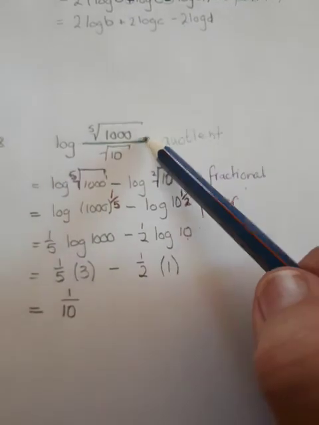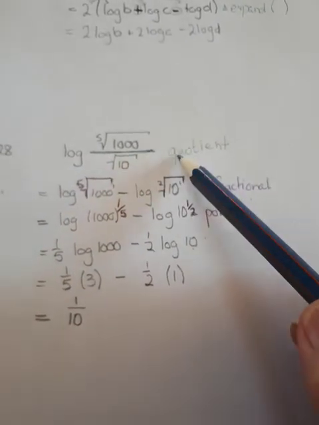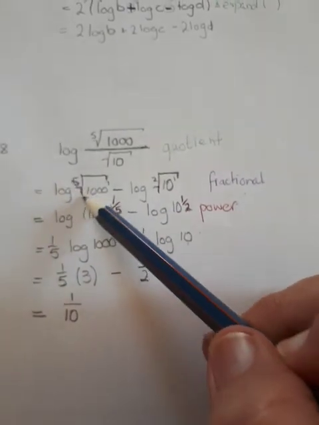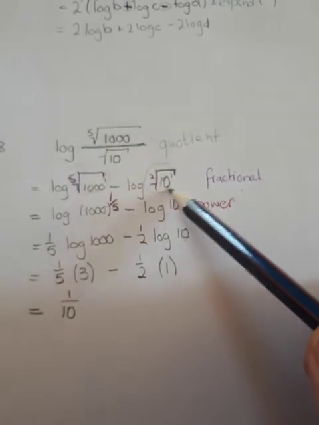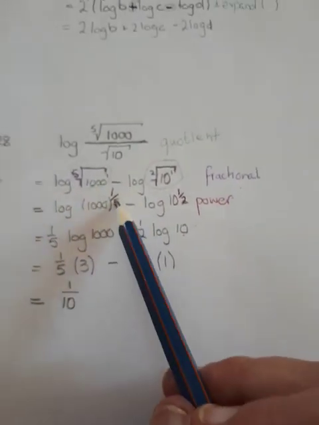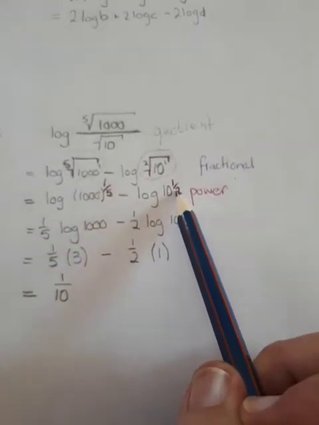I repeat, first identify your log laws which apply. In this case, it's only quotients. Then you must identify the fractional index law, so you change the roots to fractional indices.